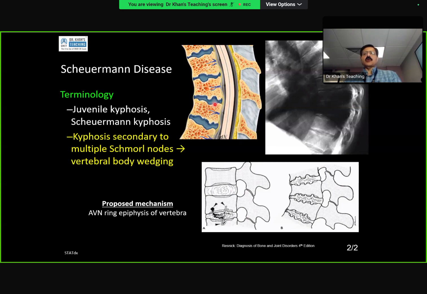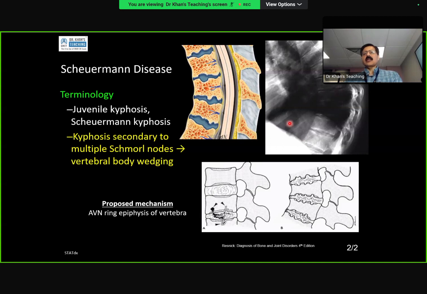If you read the nomenclature of disc according to the many societies, this is mentioned there: intravertebral disc herniation, because of softening of bone. Adolescent, the name tells you, always happens in the adolescent age group. There will be multiple Schmorl's nodes, and anteriorly the vertebrae will be more compressed as compared to the posterior side, overall giving a kyphosis.